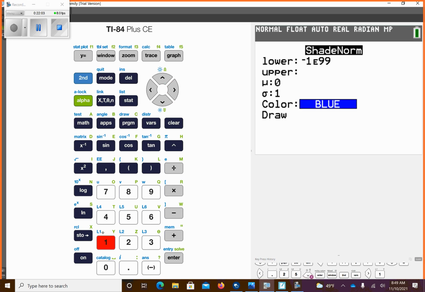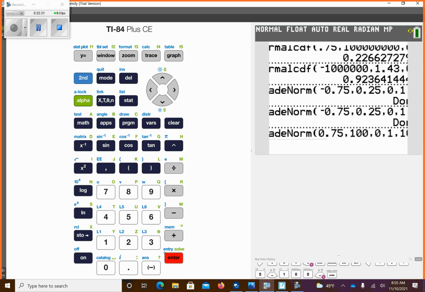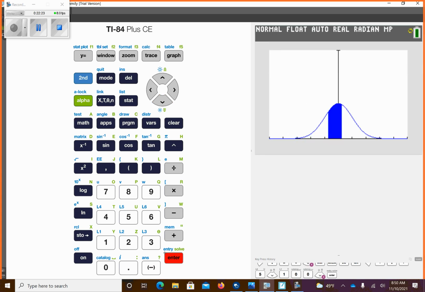So if I wanted a value greater than 0.75, and then the upper limit that's big, we'll just do 100. Let's see if this even works. It's thinking about it, it's going to redraw it.